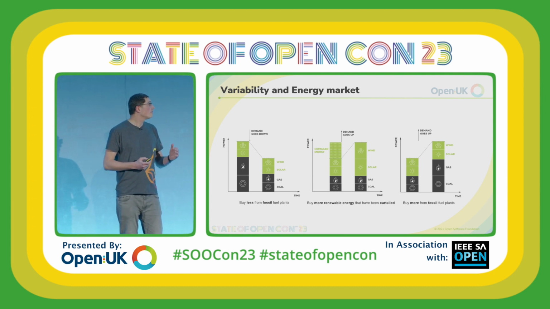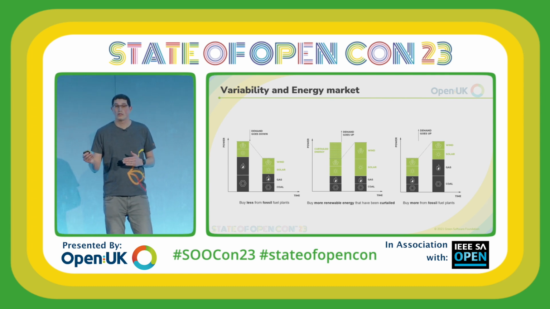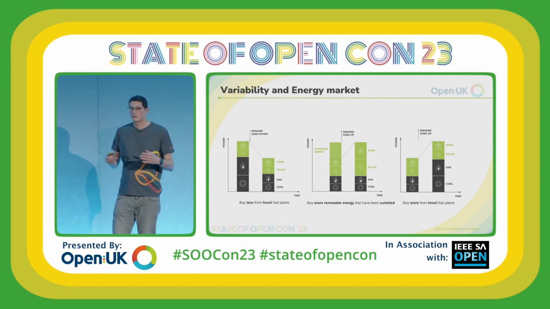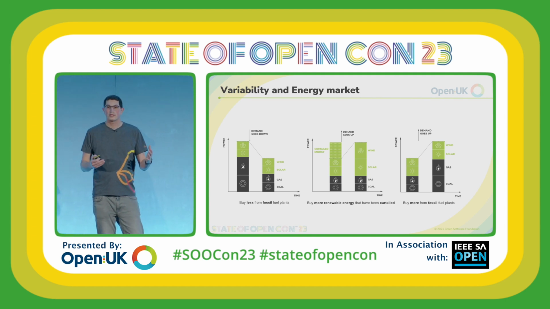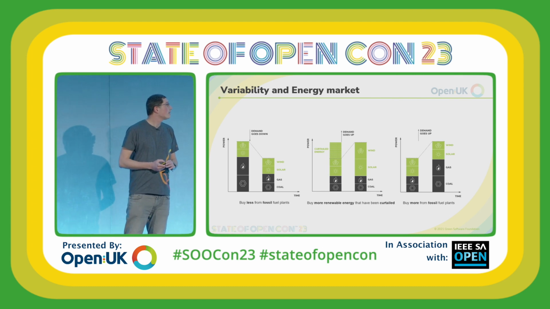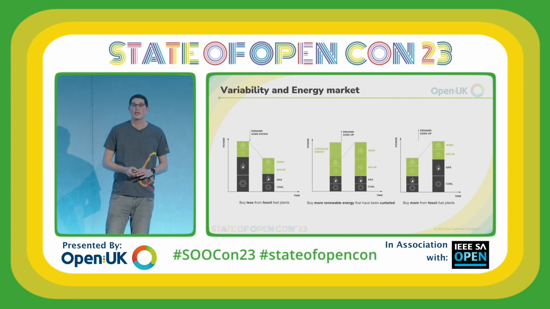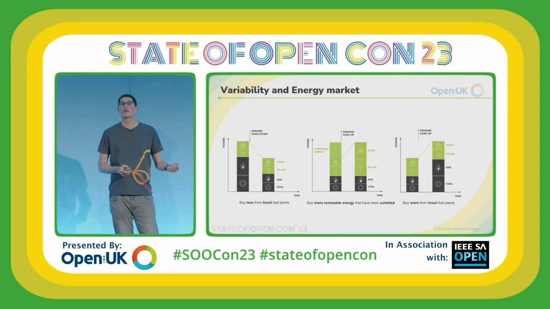And they have to basically manage the supply and demand. And the idea is that we can't control how quickly the wind is going to blow or how much sun there's going to be at any point in time. But we can control how much coal we're going to be burning to produce the electricity that we need.